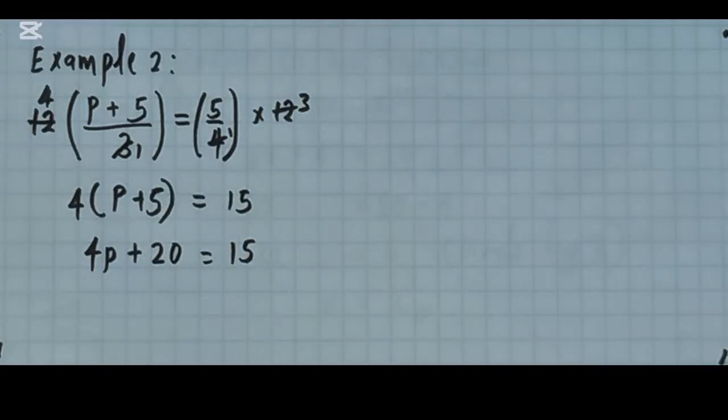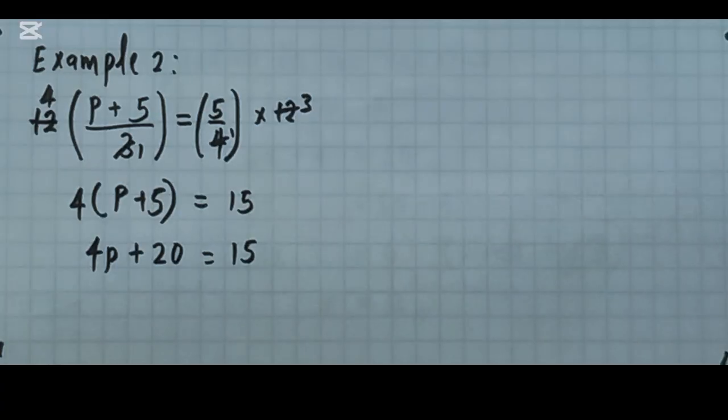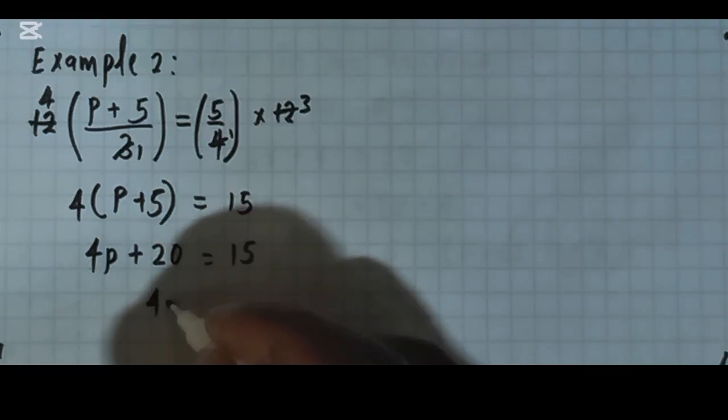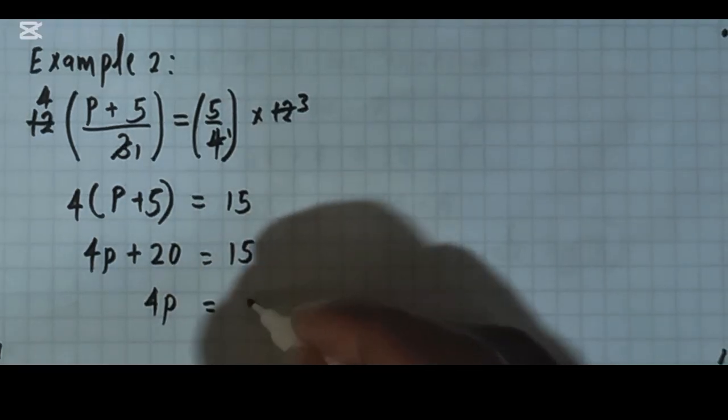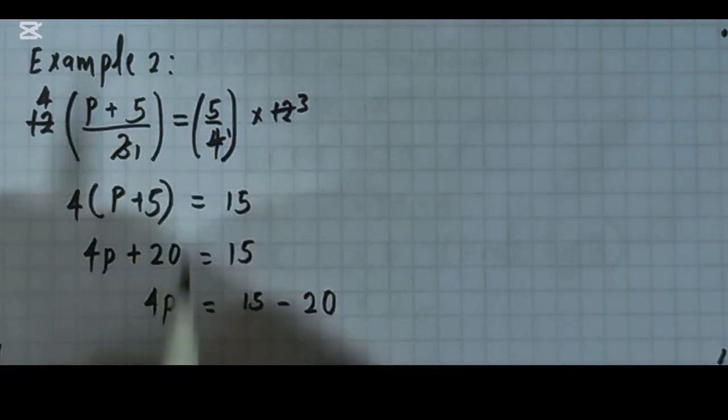That is 4 times 5 giving us 20, while we're expanding that particular bracket there. So when we bring the unknown terms on one end and the known terms on the other end, the unknown term, which is 4p, will be here, and we're going to have 15 minus 20. Remember, it is positive 20.